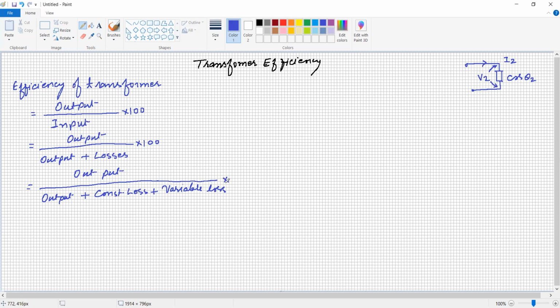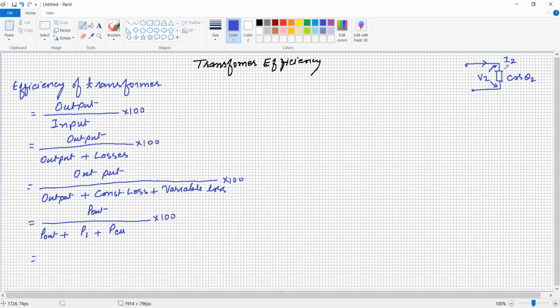Now, if you write in terms of output power, P out, it is output power divided by output power plus constant loss, which is iron loss Pi, plus copper losses Pcu, into 100.